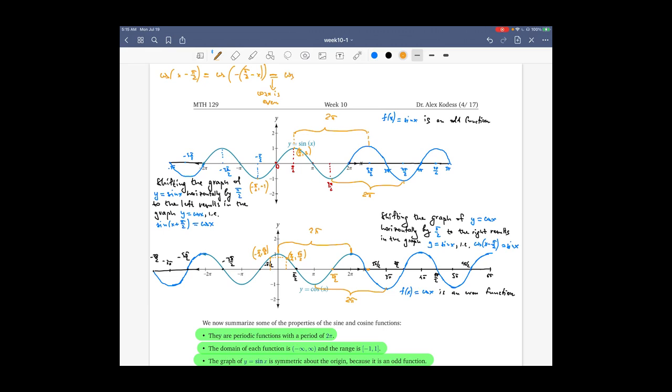So we simply get cosine of pi over 2 minus x. And that was one of the co-function identities. That really is sine x.